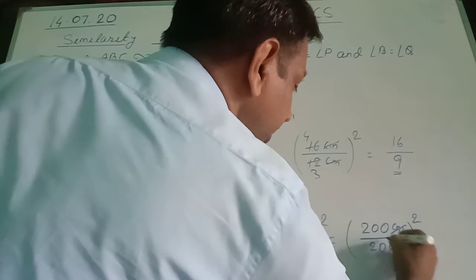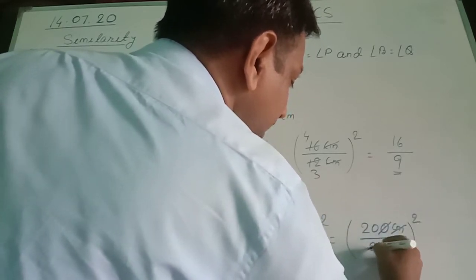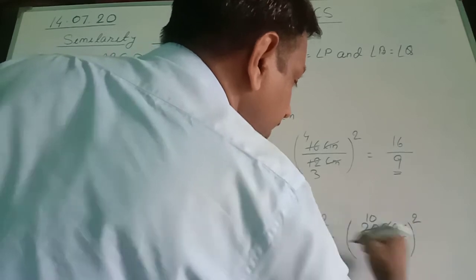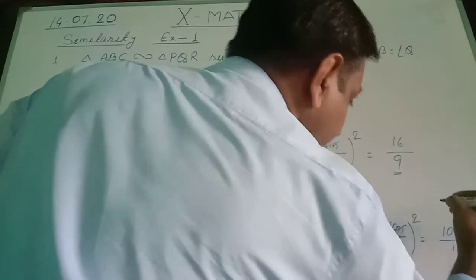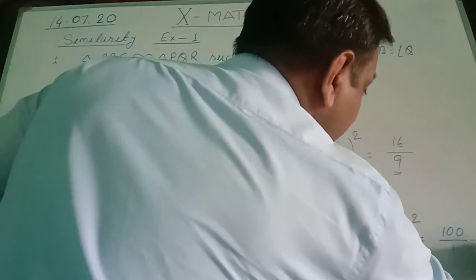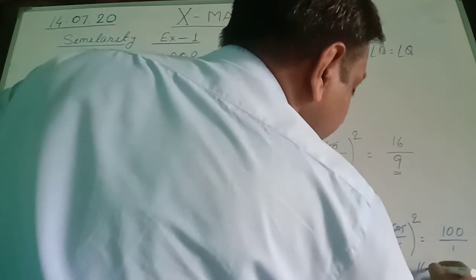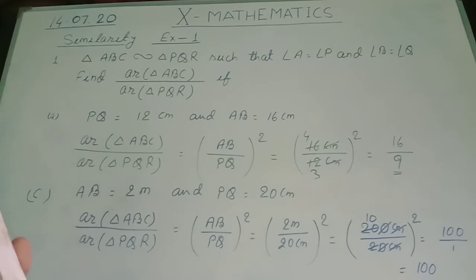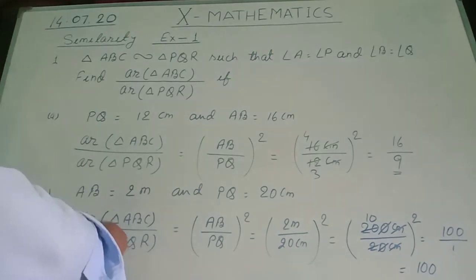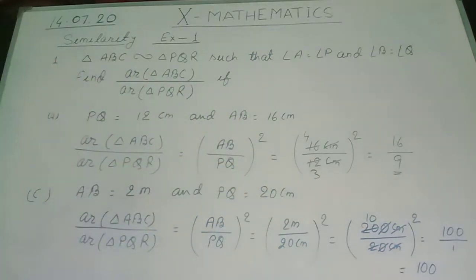Centimeter cancelled, 10 10 cancelled, and this became 100 by 1, or we can write only 100. So this became the ratio of areas of triangle ABC and triangle PQR if AB equals 2 meter and PQ equals 20 centimeter.